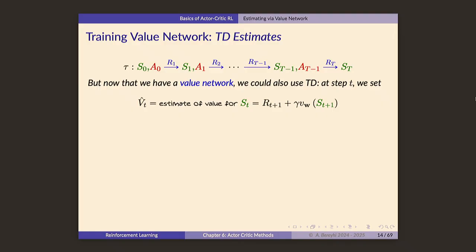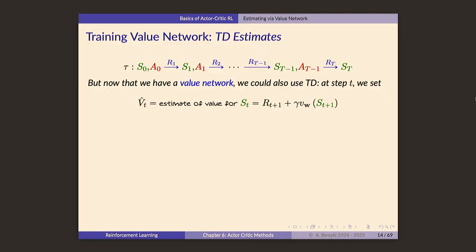The key point is that since I have a value network, now I can use temporal difference. This means that as the estimator of my value, I'm not going to take the full sample return. The sample return means I start from S0 and say R1 plus R2 towards the end, right?